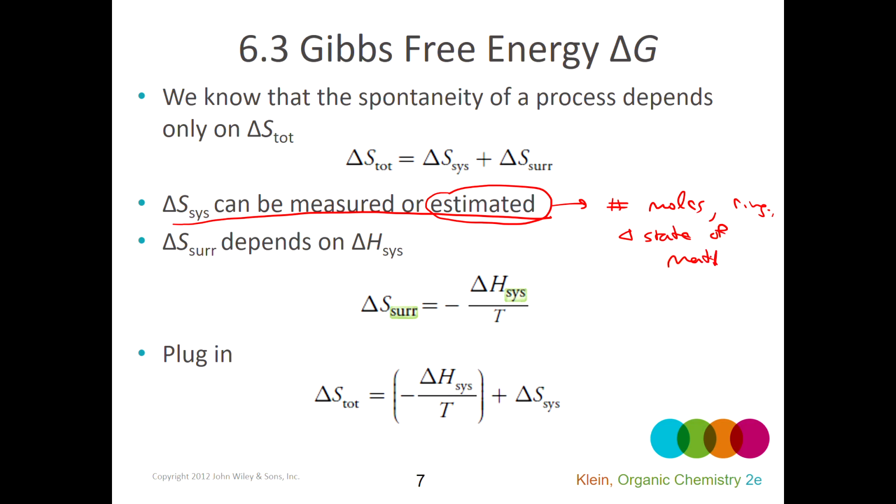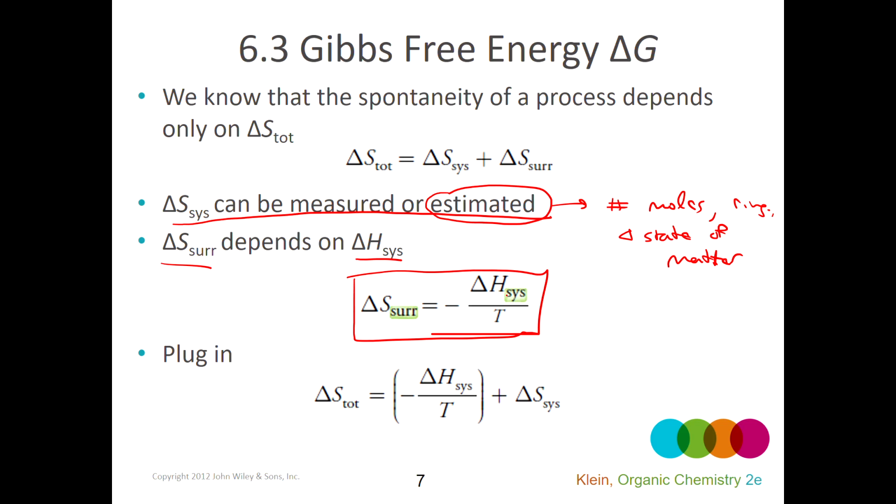If a gas is converting into a solid, there's going to be much less entropy in the solid, or vice versa. As we said, the change in entropy for the surroundings depends on whether or not the system is causing a temperature increase or decrease in the surroundings by releasing or absorbing energy from the surroundings. And so this is the quantitative relationship between the enthalpy change in the system and the entropy change in the surroundings.